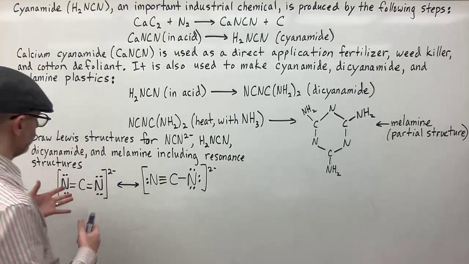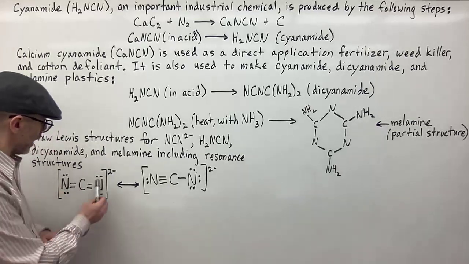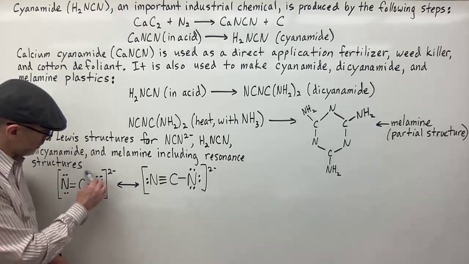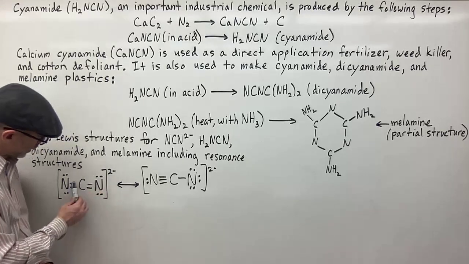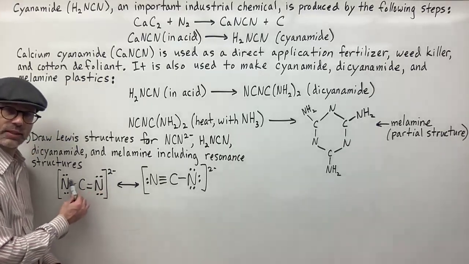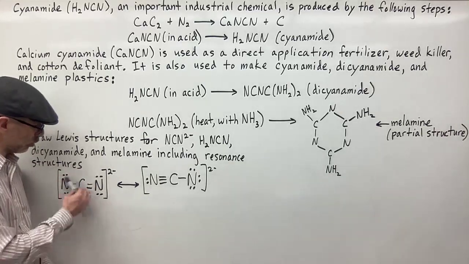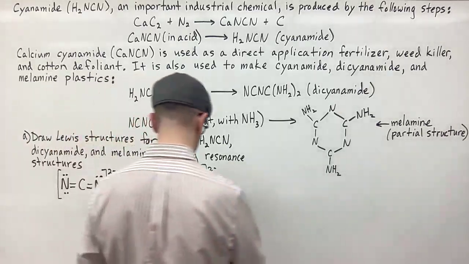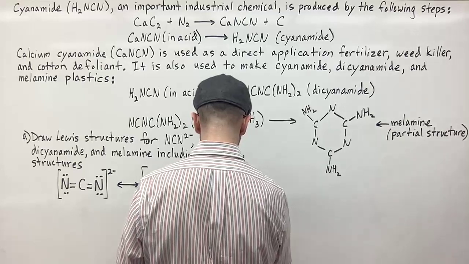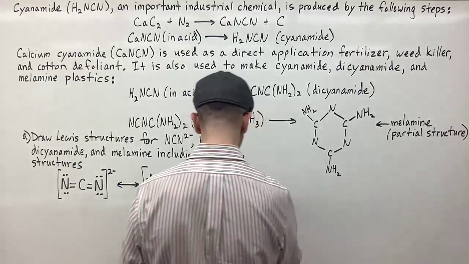And of course, I can go the other way. I can move this lone pair here, make a triple bond here, and then one of the electrons in one of the bonds here will be pushed on as a lone pair here, giving me a single bond on that side. So that's another resonance structure.